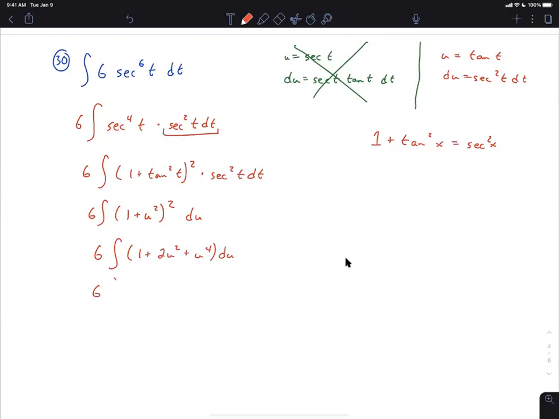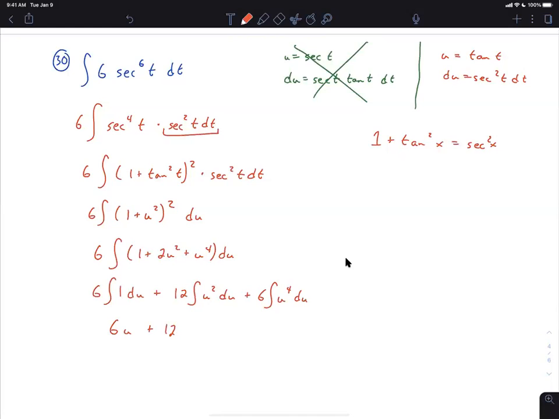So we get 6 integral 1 du plus 12, because we can pull the 2 out, integral u squared du plus 6 integral u to the 4th du. And now we do each of these. So the integral 1 du is u, but 6 is in front of there.